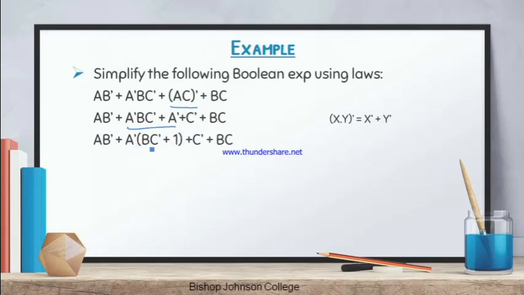A bar is common, so in the bracket it is bc bar plus 1. And as you know, bc bar plus 1 is 1. So this term becomes 1. So the rest is a bar, and c bar plus bc.